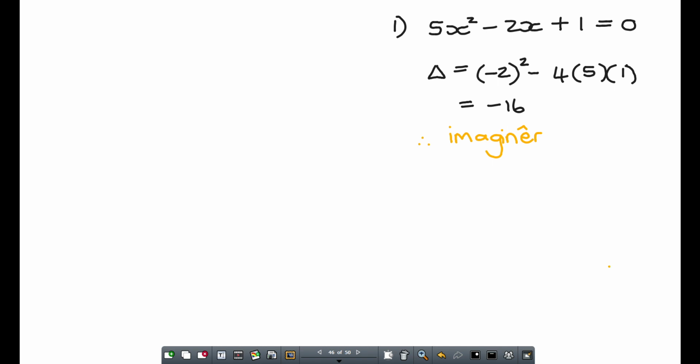Okay. Right, number 2. Ja, ander kleur. By nommer 2 word af my gegee 7x kwadraat minus 3x minus 4 is gelyk aan 0. So again, because we're not supposed to go and solve the equation, we want to get delta.